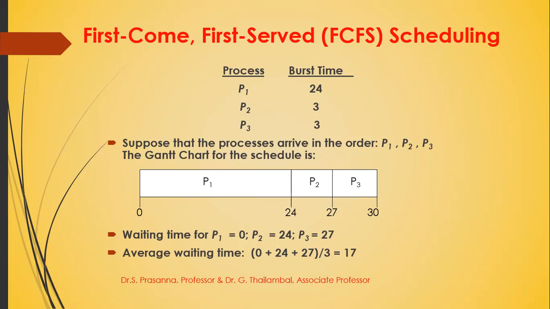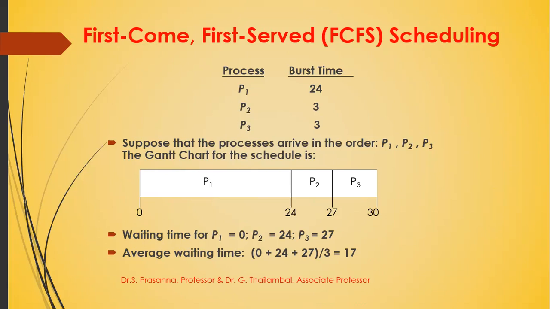P2 can be executed only after P1 gets completed, because P1 is the first process which came. P1 completes its execution only at the 24th millisecond. So P2 needs to wait until P1 finishes, and can start its execution only at 24. So it waited for 24 milliseconds. So P2 equals 24, that is the waiting time.